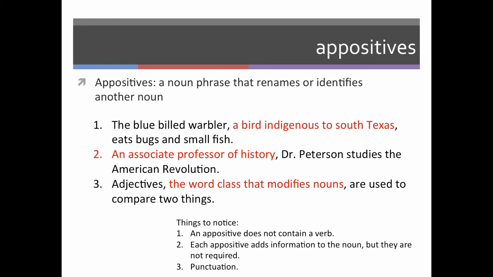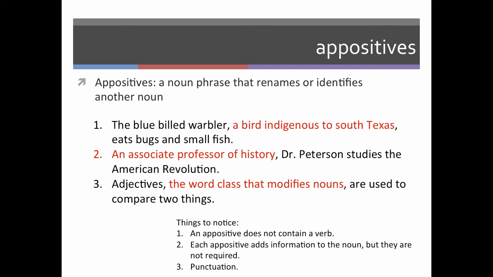An appositive is a noun phrase that renames or identifies another noun. So for example, in number 1, we have the blue-billed warbler, comma, a bird indigenous to South Texas, comma, eats bugs and fish. Notice that the appositive noun phrase, a bird indigenous to South Texas, is within 2 commas, and it defines and gives more information about this bird, the blue-billed warbler.